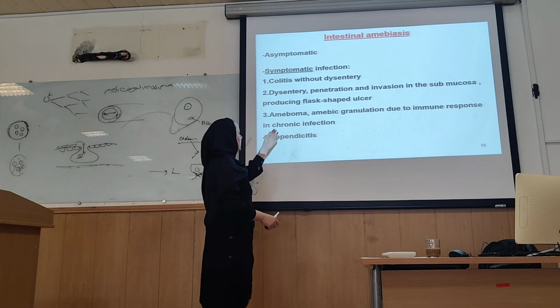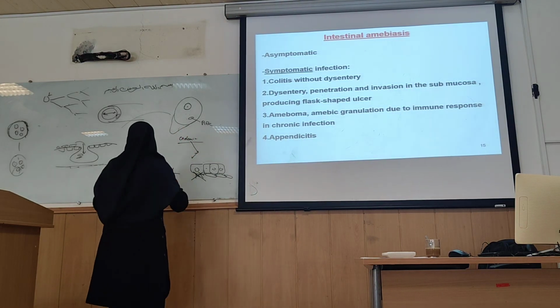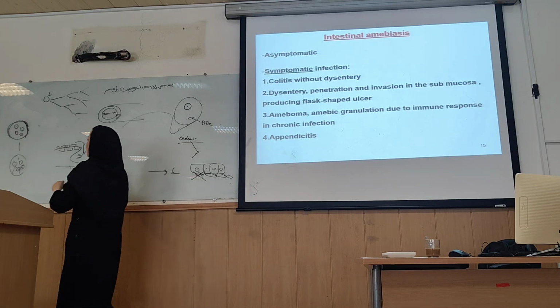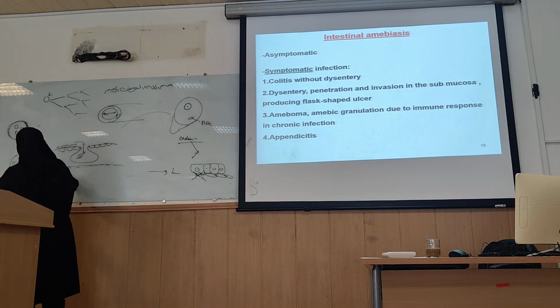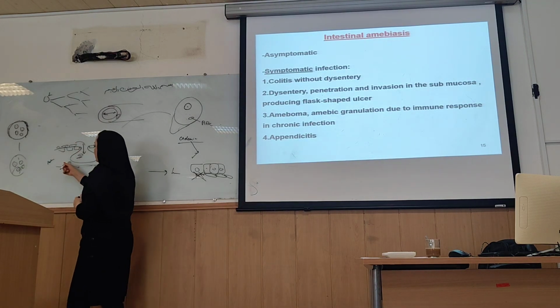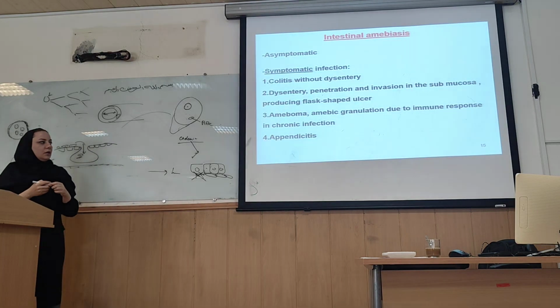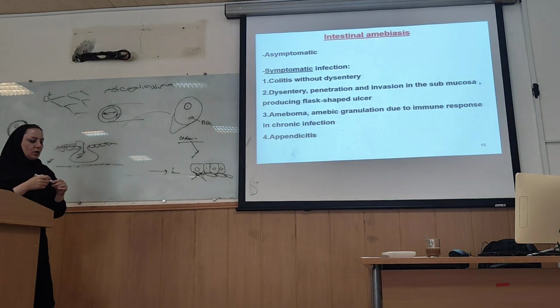And also, in the chronic form, they produce amoeboma. This is the acute stage, and in these people, they have dysentery and hematophagous trophozoites.